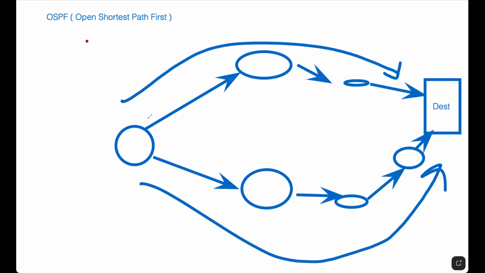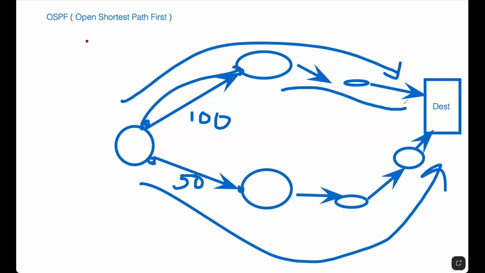It will check what the cost is from this router to reach the next router. If the cost is 100 here, and the cost from here to here is 50, it doesn't care how many hops the next router is going through or what the cost is after that to reach the destination. It will just see the lowest cost from me to my neighbor. That is why it's called a link state protocol. It looks at the link cost, and if that link cost is lower, that path will be preferred.